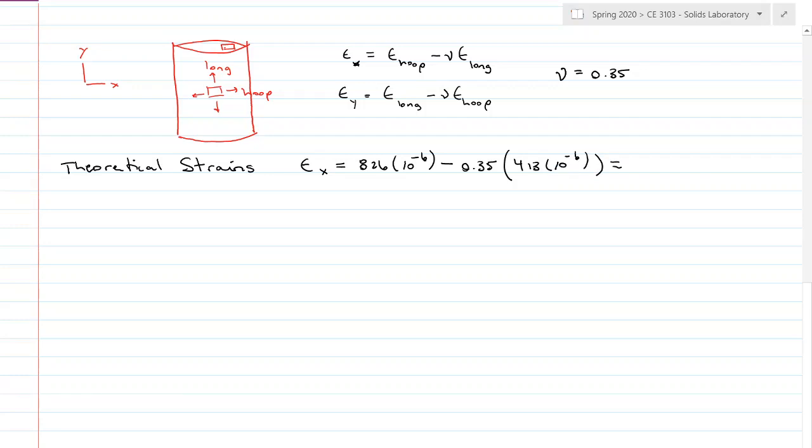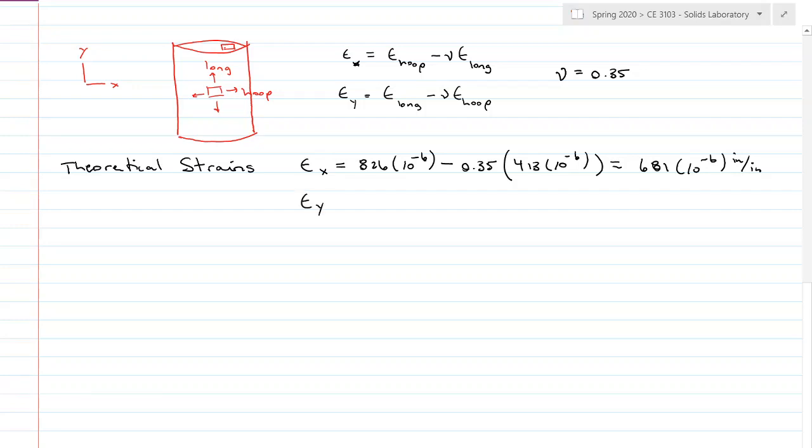So we have 826 minus 0.35 times 413, and that is 681 times 10 to the negative 6 inches per inch, or 681 microstrain.